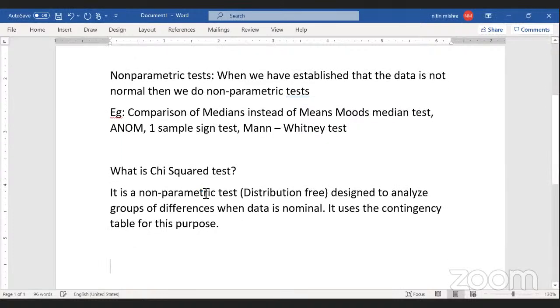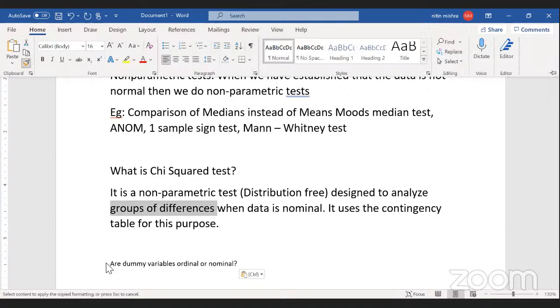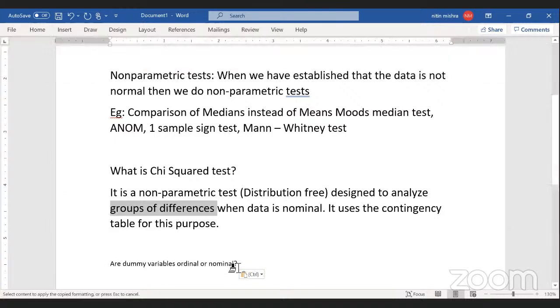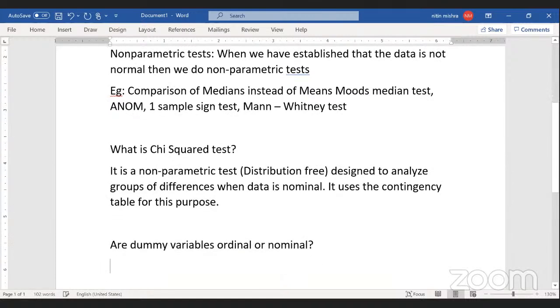The next question is, are dummy variables ordinal or nominal in nature? All right. Are dummy variables ordinal or nominal in nature?